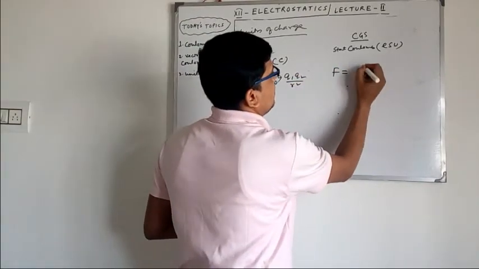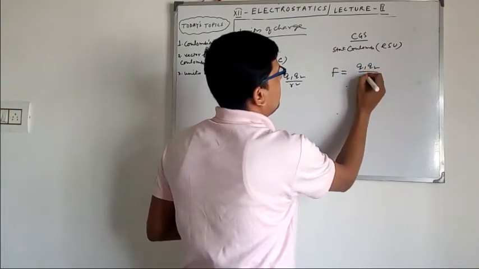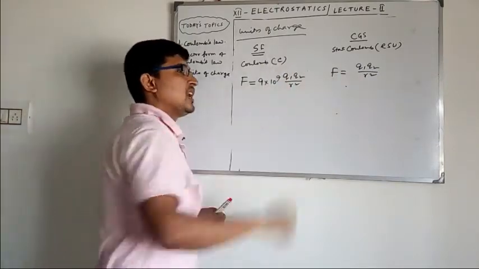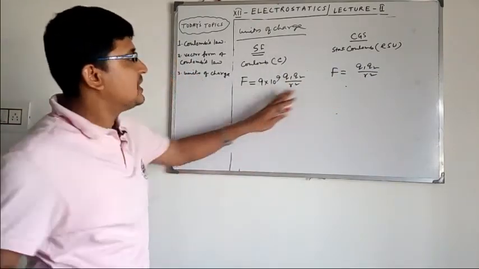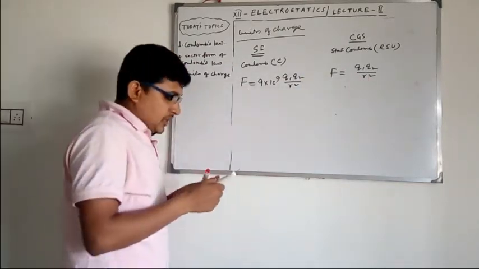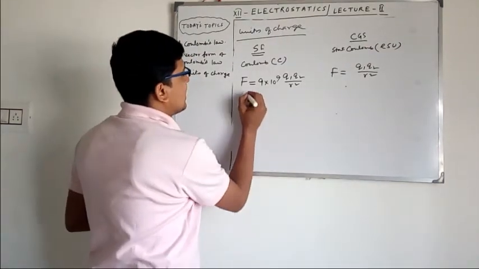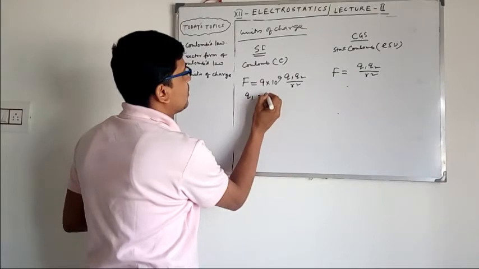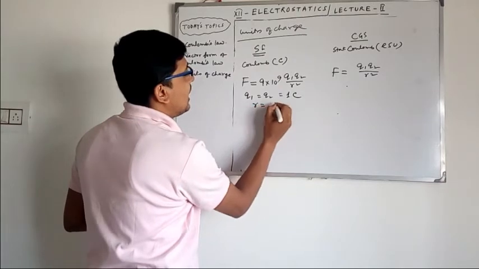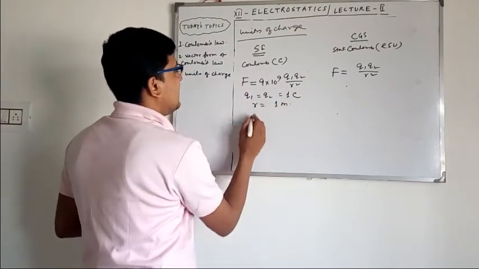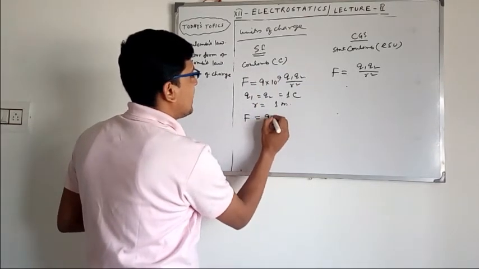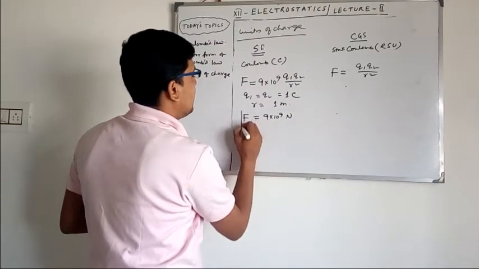In CGS, F is equal to Q1 Q2 upon R square, because the Coulomb constant value became 1, so it is 1. So these are the forms of Coulomb's law in the SI and CGS systems. Now if we take two charged particles Q1 equal to Q2 equal to 1 coulomb and the distance R equal to 1 meter, then if we put these values in this equation, F is equal to 9 into 10 to the power 9 Newton.